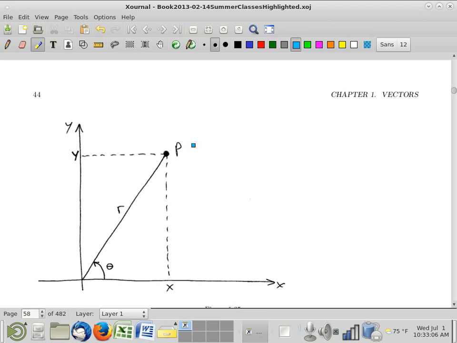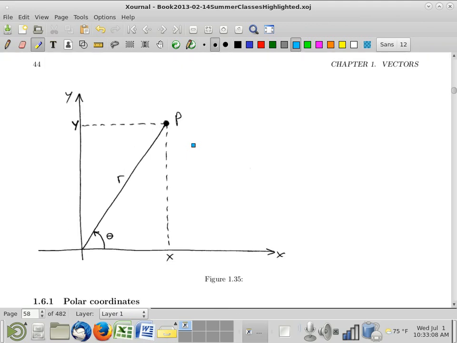Nevertheless, even though most of the time rectangular coordinates are better, they have nicer properties, there are some situations where polar coordinates are extremely nice, very useful here and there. One big advantage of polar coordinates, I'm just going to throw this out there very quickly, is that they're much better at describing circles.